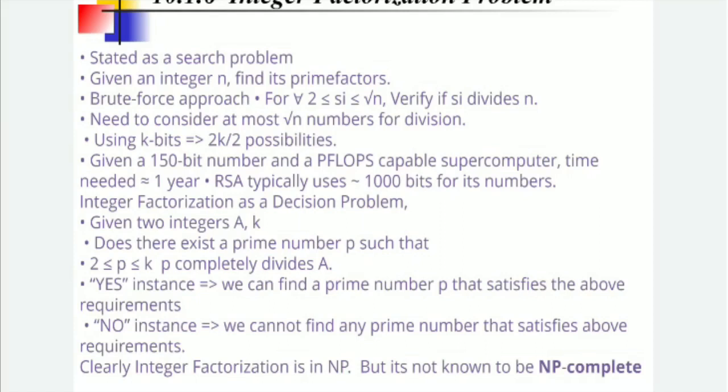The first instance is the yes instance. In this instance we can find a prime number p that satisfies the above requirements. The next instance is the no instance, which signifies that we cannot find any prime number that satisfies the above requirements.